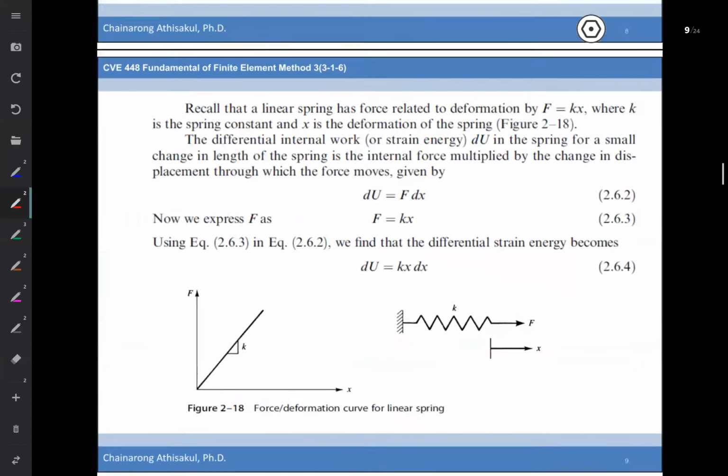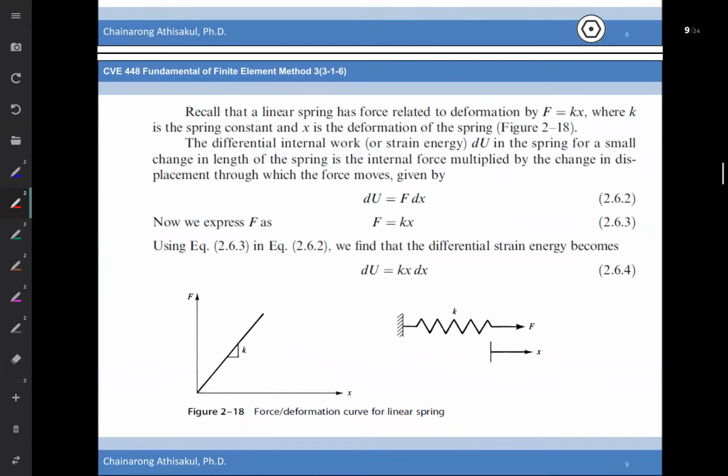So let me start with the simple one, the simple structure, that is the spring. We know that the spring with the spring constant K has the relationship between the applied force and the internal force, that is Kx.